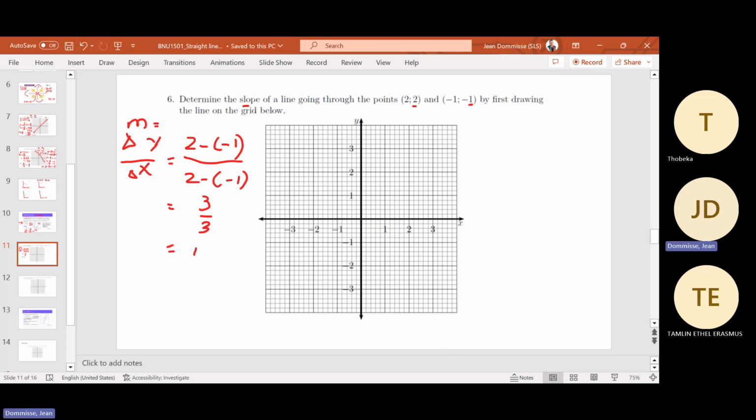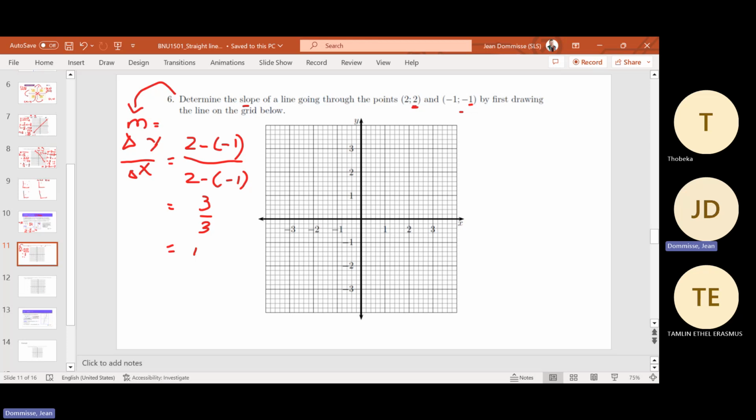So again, you will not be able to draw it in the assignment or exam. This is more if you want to practice and see how it looks, but by just giving you the 2 points, you can go straight into how to calculate the slope.